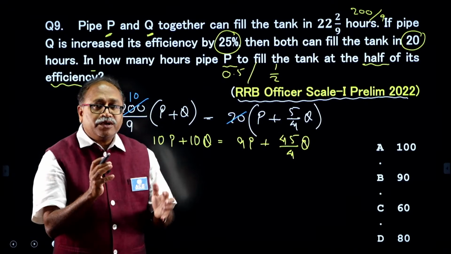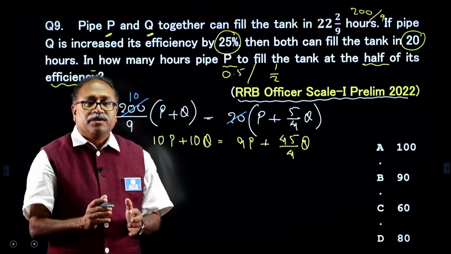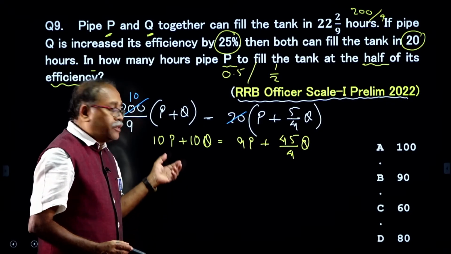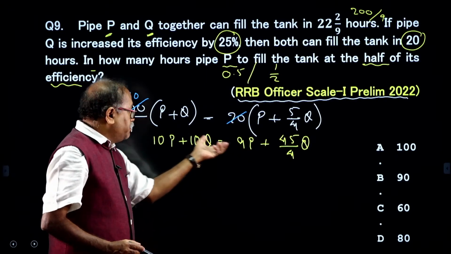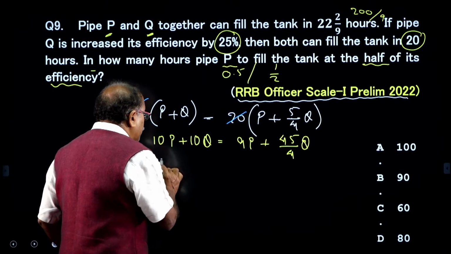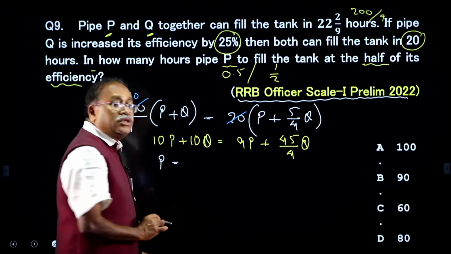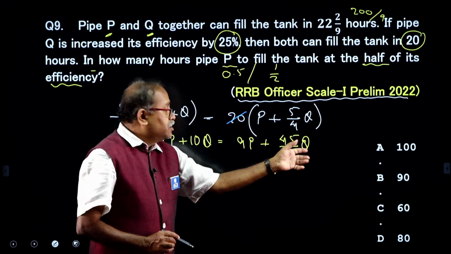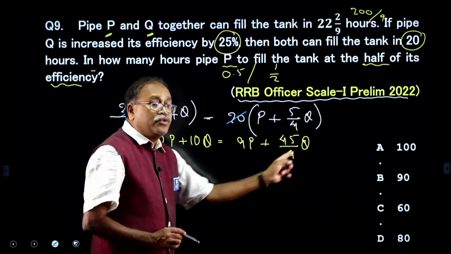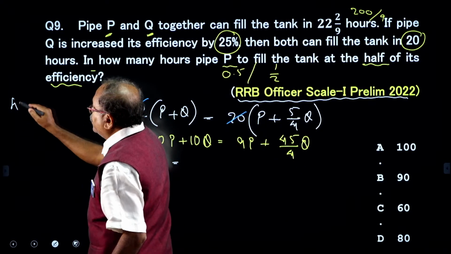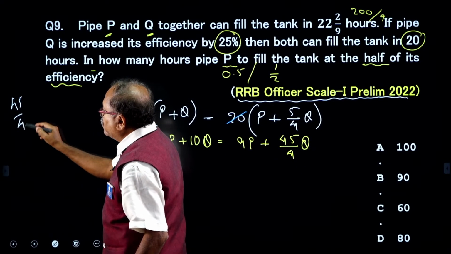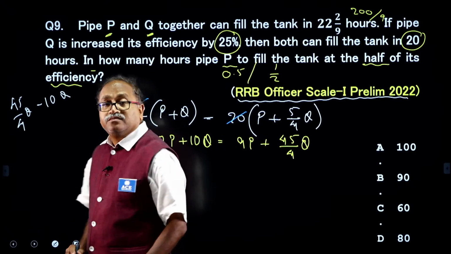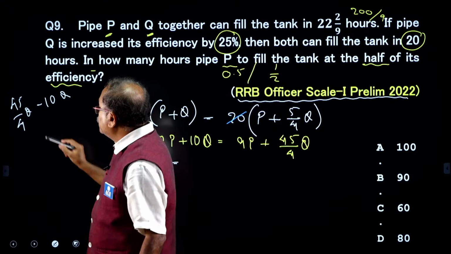Can I get the ratio between P and Q? Try this. This 10 P and this 9 P, it comes over here, it is P, is equal to, this 10 Q will go on the other side. So that is 45 by 4 Q minus 10 Q. Am I right? So what happens here?